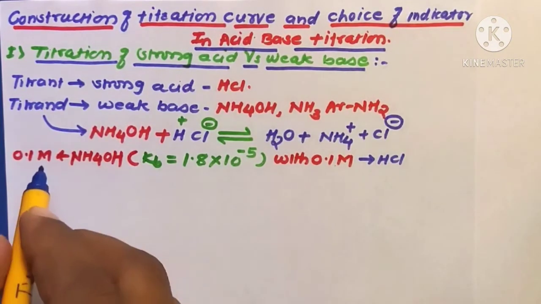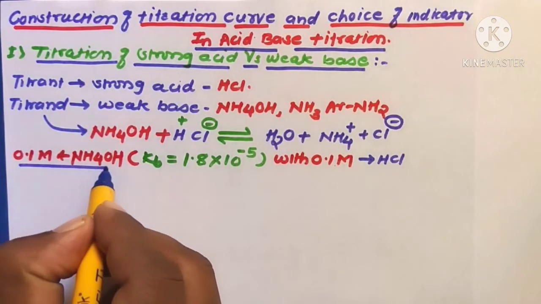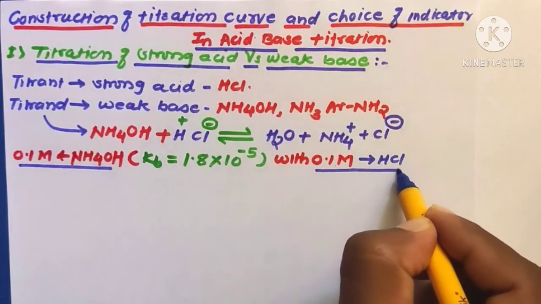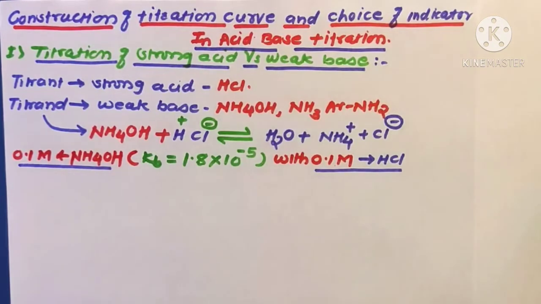The concentration of ammonium hydroxide is 0.1 molar, as well as the concentration of HCl will be 0.1 molar.